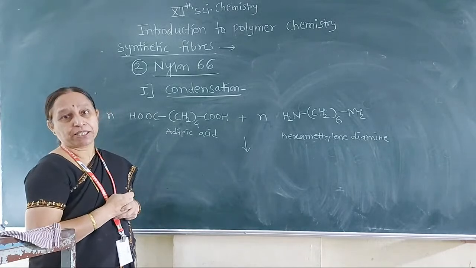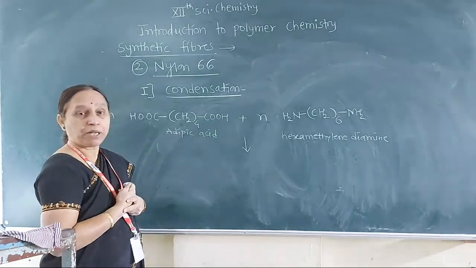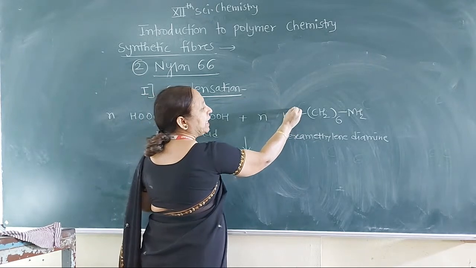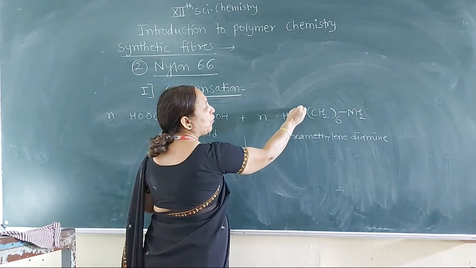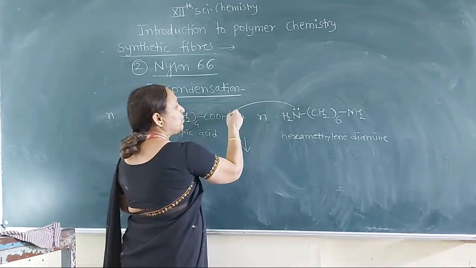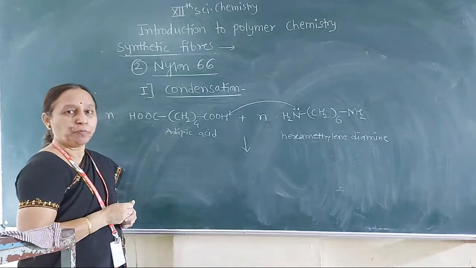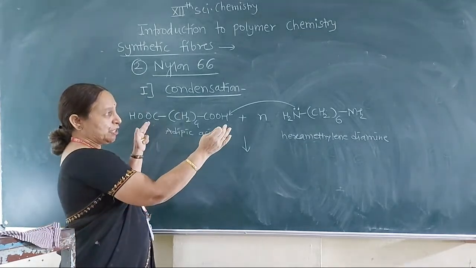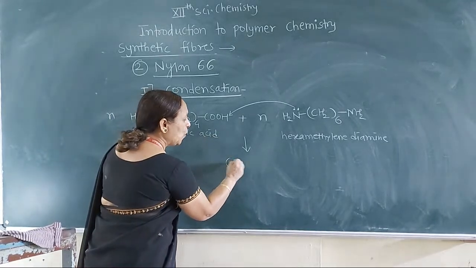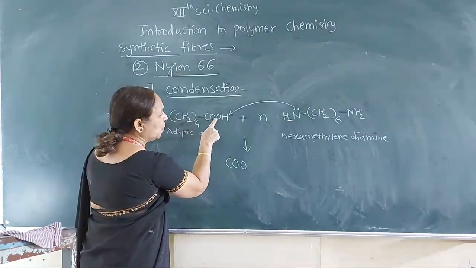condensation takes place. How does condensation take place? Nitrogen of hexamethylene diamine has a lone pair of electrons. It abstracts the proton of this carboxyl functional group, and thus these 2 molecules are joined through COO.